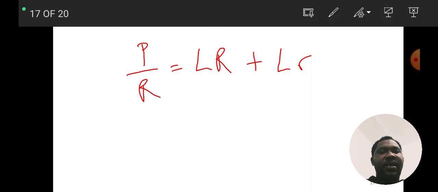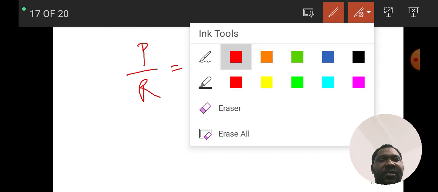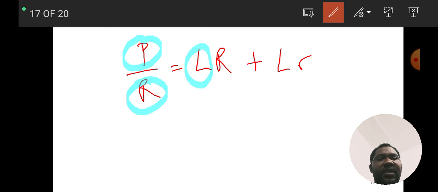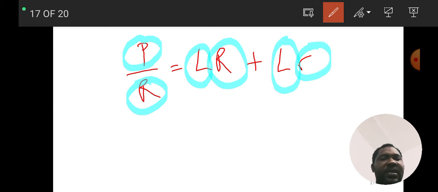Now if you look at the arrangement of this, you will notice first off that P here is a constant, R is a variable, so here we have constant times variable. Then L here is a variable, R is a variable, so together they are a variable. While small r here is a constant.